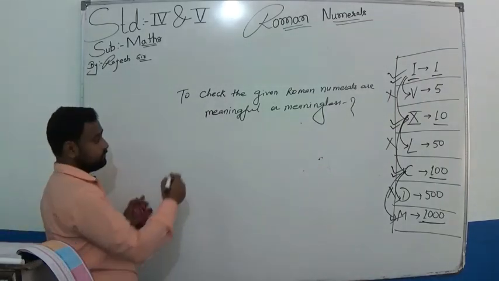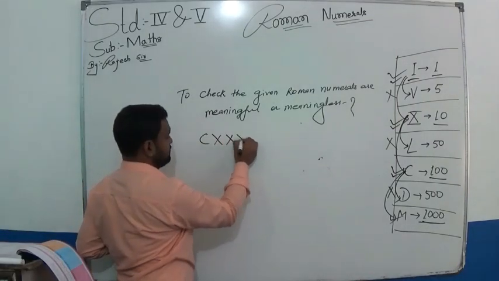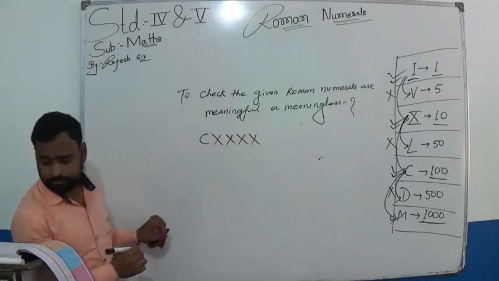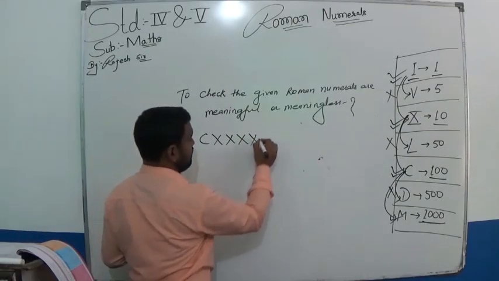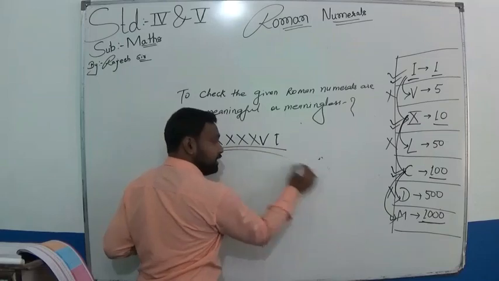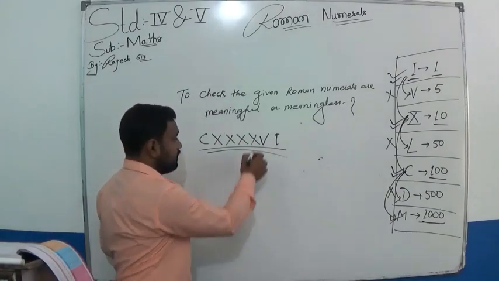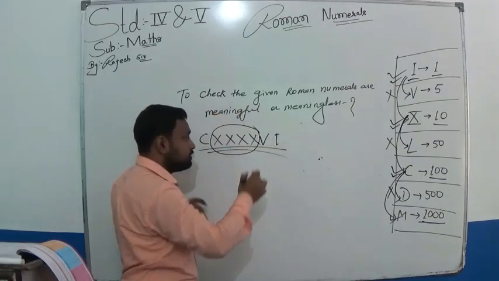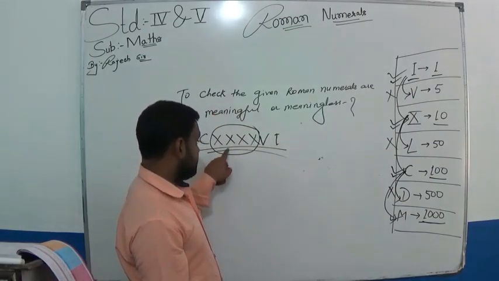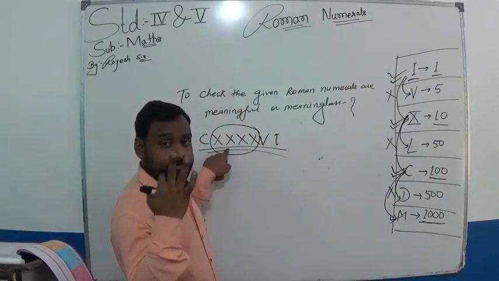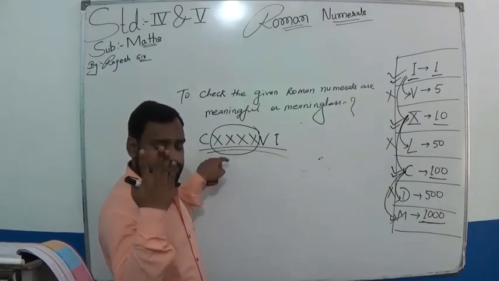You have been given CXXXX. Is it meaningful or meaningless? See this portion. What do you find? X is repeated 4 times, which is wrong.